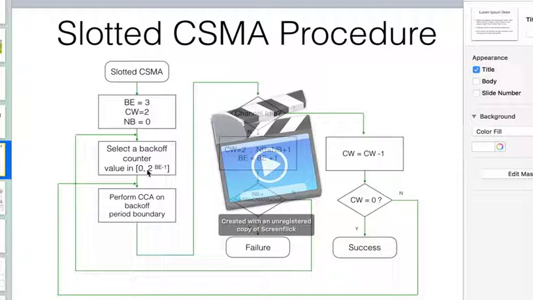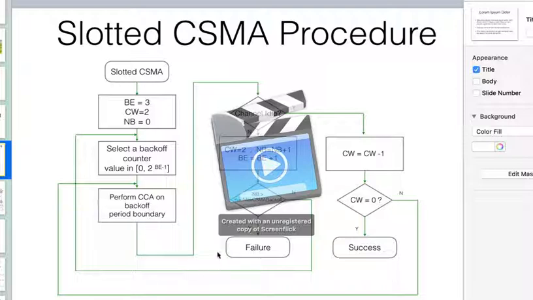So regardless of channel state, this number is decrementing by one. And when this random value reaches zero, the node goes to the next state, which is to perform carrier sensing or CCA, or clear channel assessment.